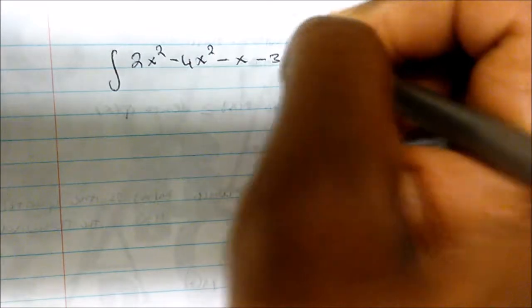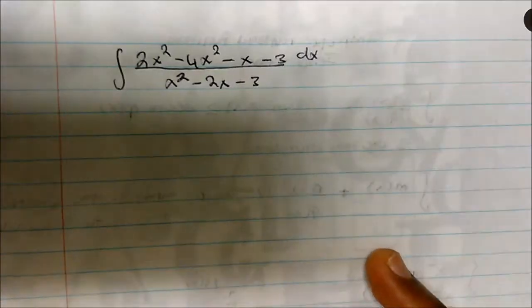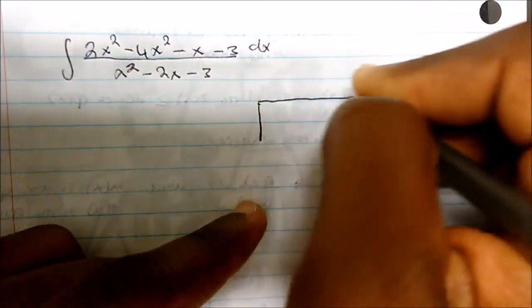Well, if we want to take the integral of 2x cubed minus 4x squared minus x minus 3 dx, and we divide that by x squared minus 2x minus 3. If I look at this, I draw my fraction bar.